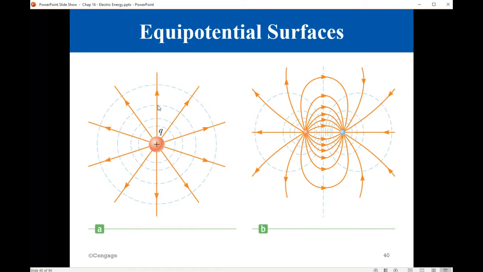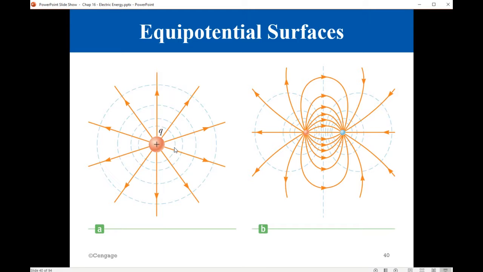If you move to a third value of R, KQ over R, again, you have another equipotential surface, and so on and so forth. So for a point charge, equipotential surfaces will be spheres, and the electric field lines will be radial like this. You can see that the electric field lines are always perpendicular to the equipotential surface.